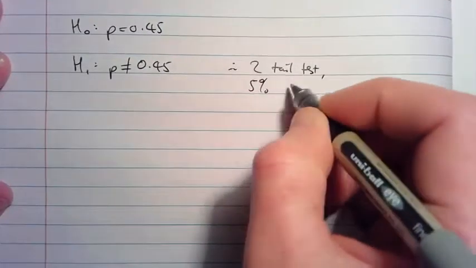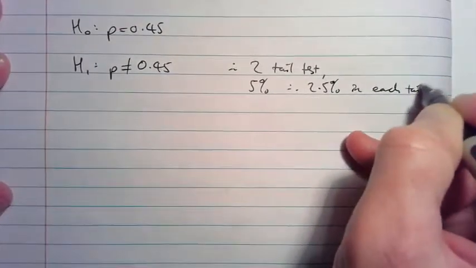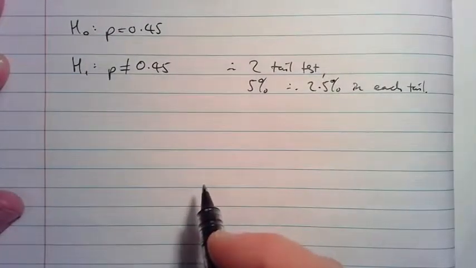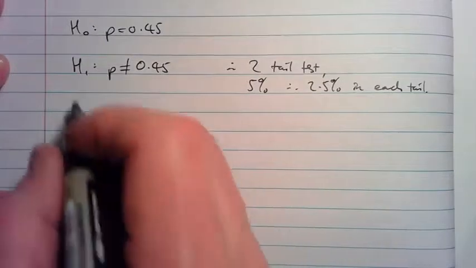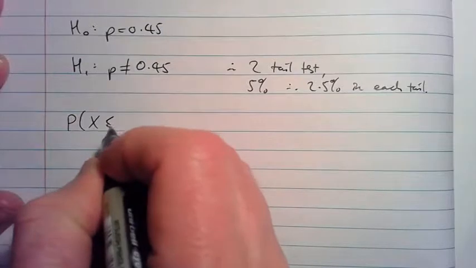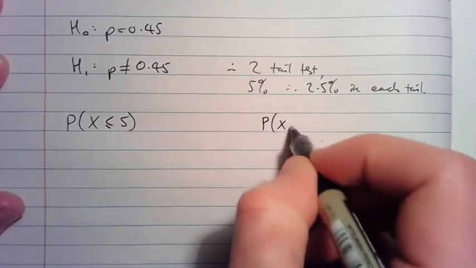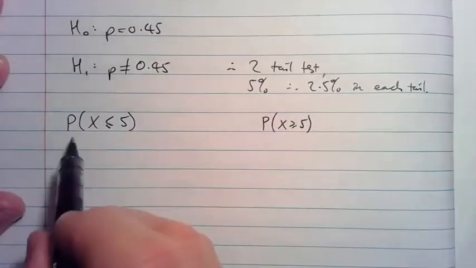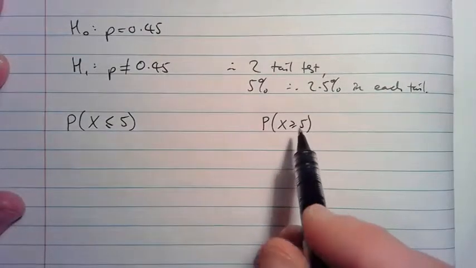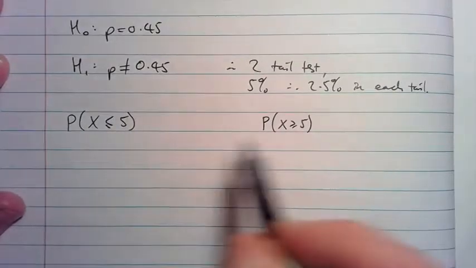The significance level is 5%, and therefore it's 2.5% in each tail. Now, 5 is the value we're given. At that stage, there's a decision to make about whether you are testing the probability that x is less than or equal to 5 or the probability that x is greater than or equal to 5. Well, it's much more likely that it's going to be in the critical region on the low side than on the high side.